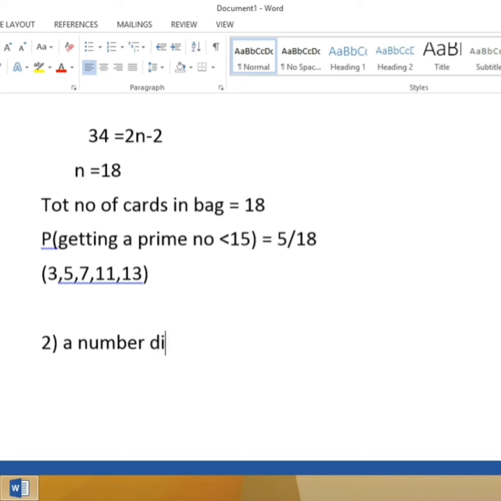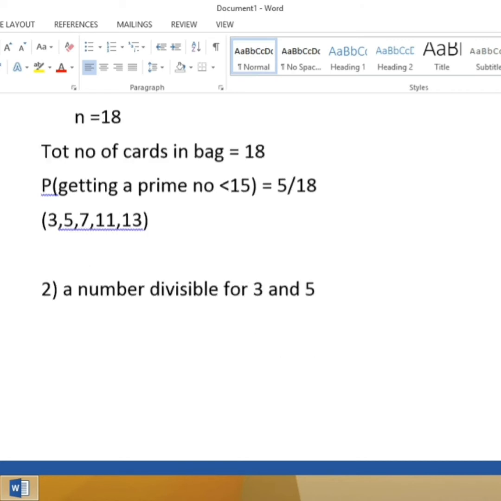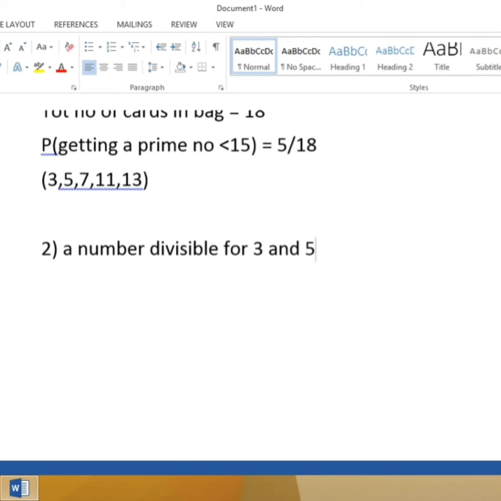The second part is a number divisible by 3 and 5 from this list. That's going to be only two numbers, 15 and 30.